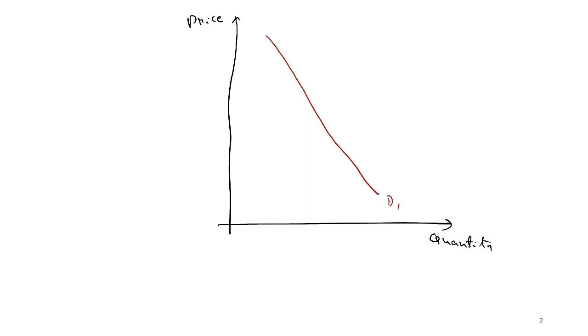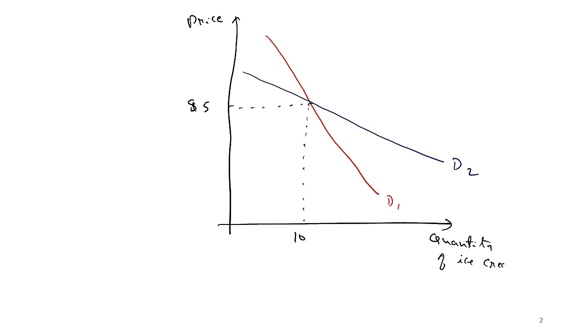Another demand curve we'll draw, we'll call it D2. And let's say we start with a price of $5. At $5, according to these two demand curves, both are demanding say 10 units. Say this is quantity of ice cream. So these are 10 ice creams.